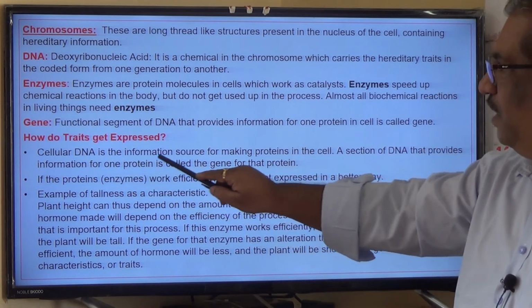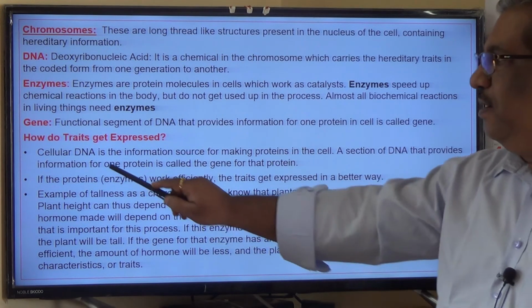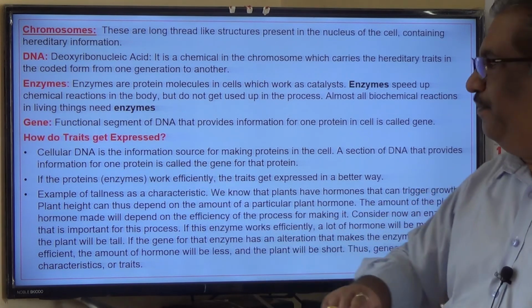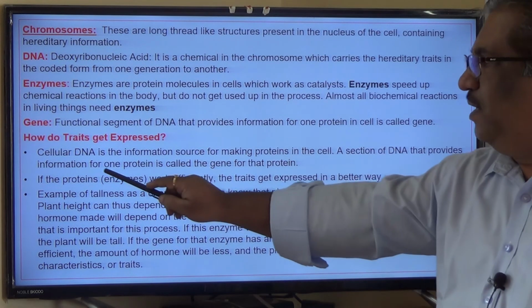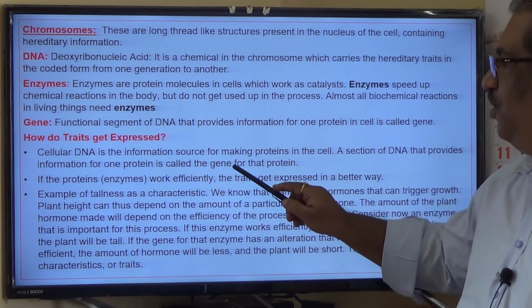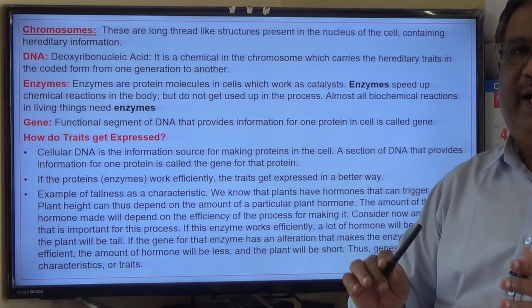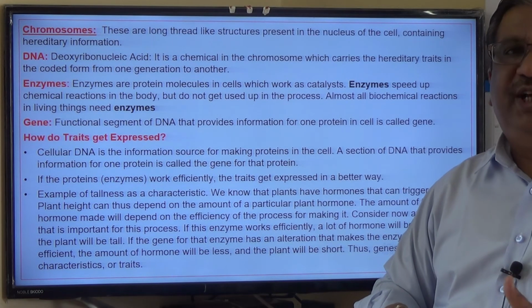Cellular DNA is the information source for making proteins in the cell, meaning DNA is responsible for making a protein. A section of the DNA that provides information for one protein is called the gene for that protein. So an individual protein is governed by one particular gene.